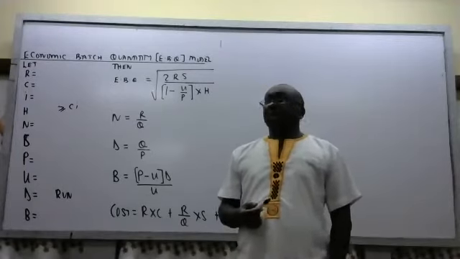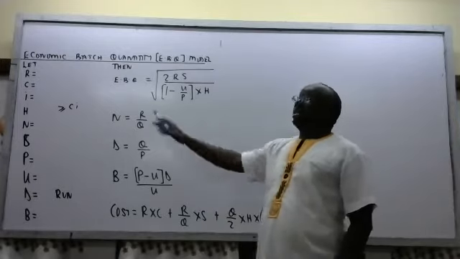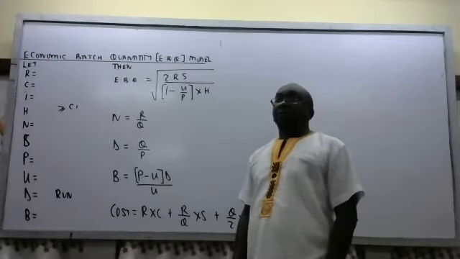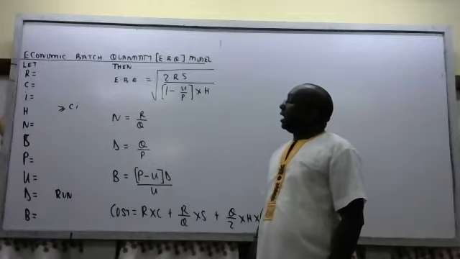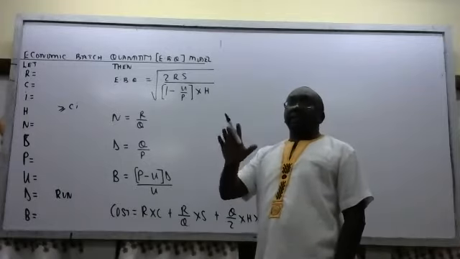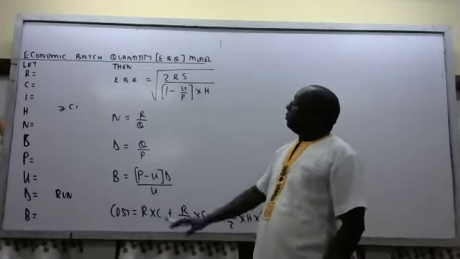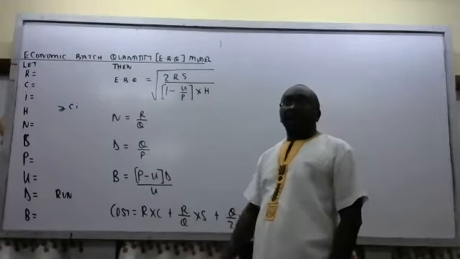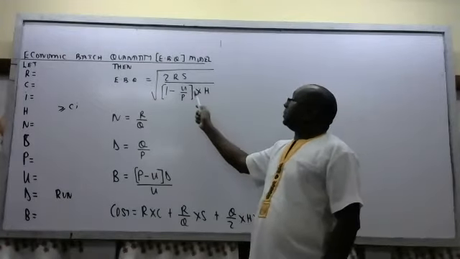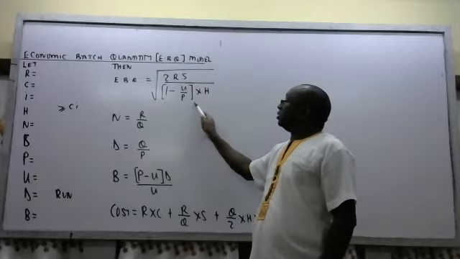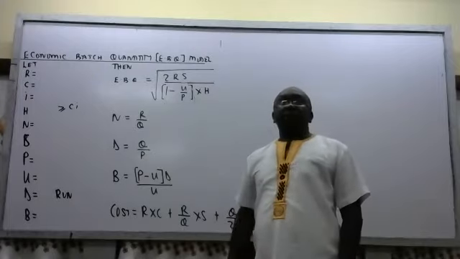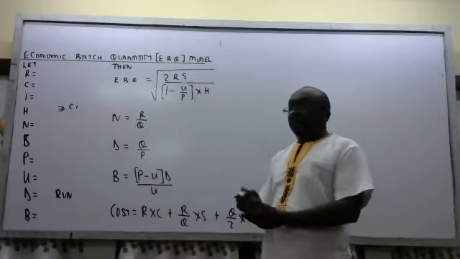So in manufacturing, we use EBQ, economic batch quantity. I've already said the analysis is similar to the one of EOQ. That's why the formulas are very identical, except the new element that you have introduced.